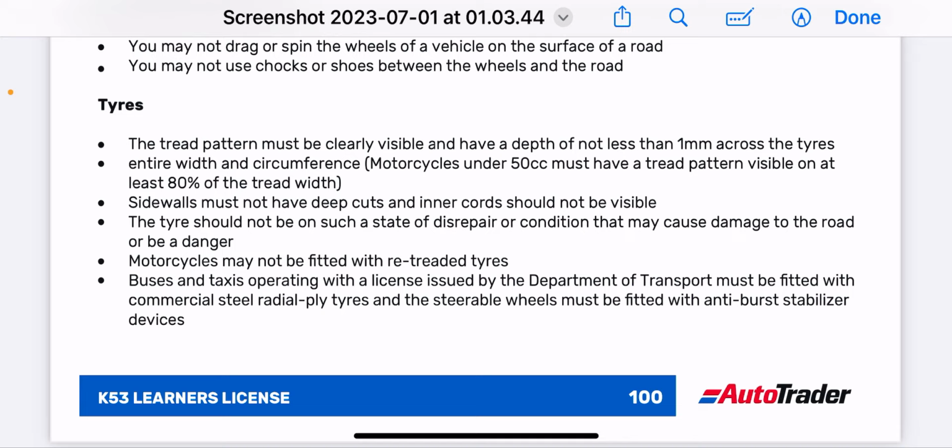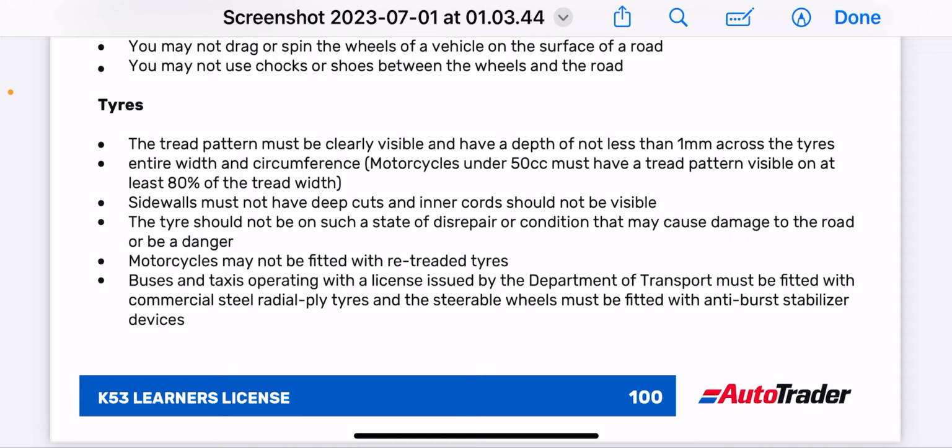Whatever motorcycles, we don't care. Side walls must not have deep cuts and inner cords should not be visible. The tire should not be in such a state of disrepair or condition that may cause damage to the road or be a danger. Okay?